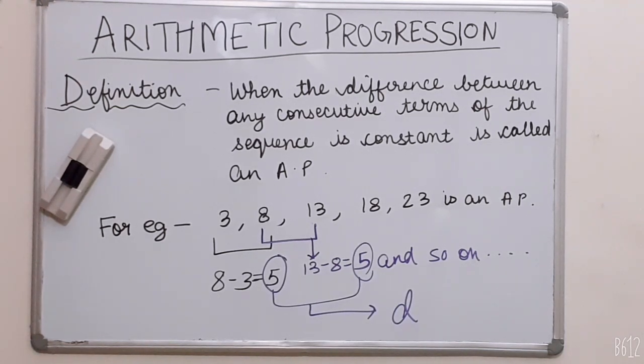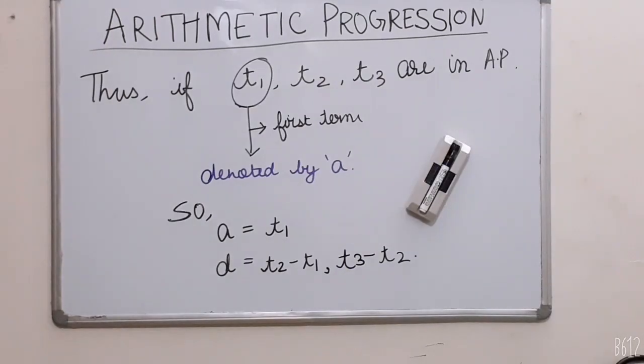This constant term is known as D or the difference. Thus, if T1, T2, T3 are in AP, then T1 is the first term which is denoted by A. So, A is equal to T1 and D is equal to T2 minus T1 or T3 minus T2, which depends. And D is constant throughout the series of an AP.